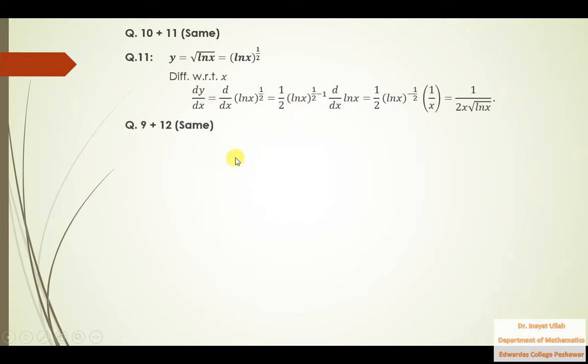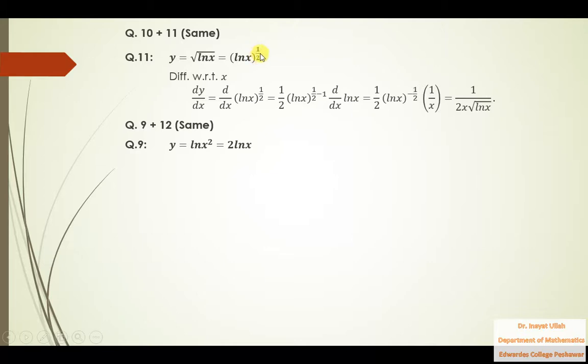Question number 9 and 12 are same. Question number 9 says: find the derivative of log of x square. Remember that there is a difference between log of x whole 1 by 2 and log of x power 1 by 2.